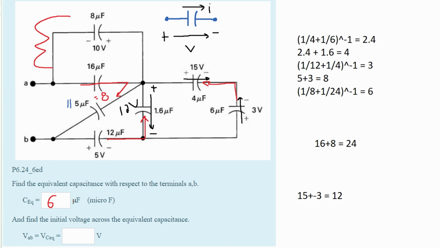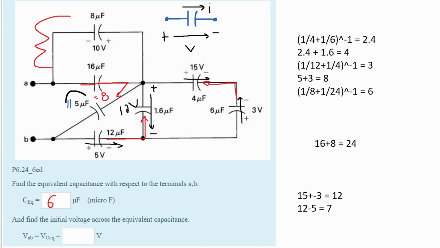And if we draw the same thing for this 5 volt right here, into the positive out of the negative, we can see that they're again in conflict with each other. That means one of them has to subtract. And even though both of these look exactly like this drawing, we know that our 12 volts is positive, so that means our 5 volts has to be negative. So we are going to subtract 5 from our 12, and we're going to get 7 volts. Now we have 7 volts.